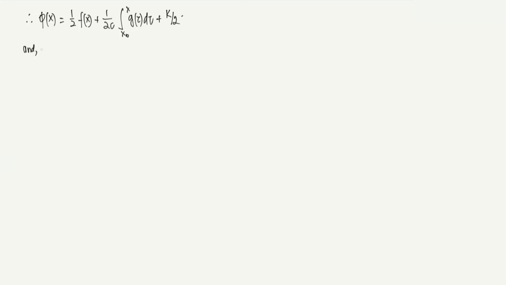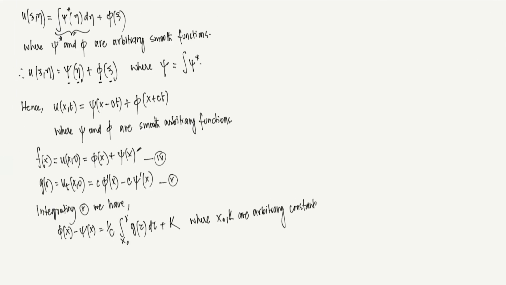And the other one is psi of x. So what is it? It is half times f of x minus 1 by 2c, integral from x naught to x of g of tau d tau, minus k by 2. Here, this is one equation and this is equation 4.